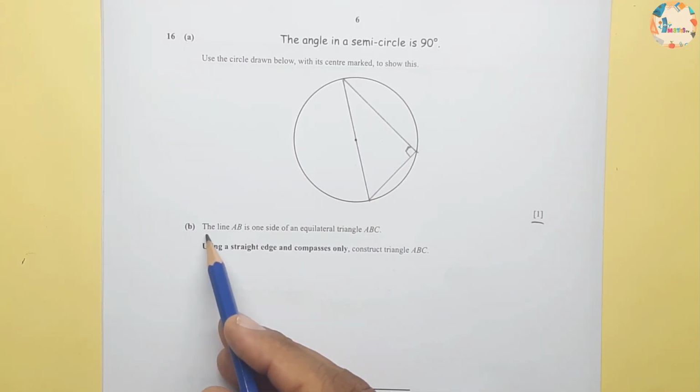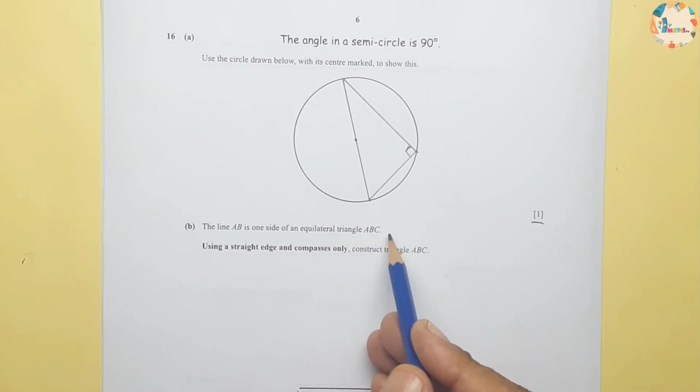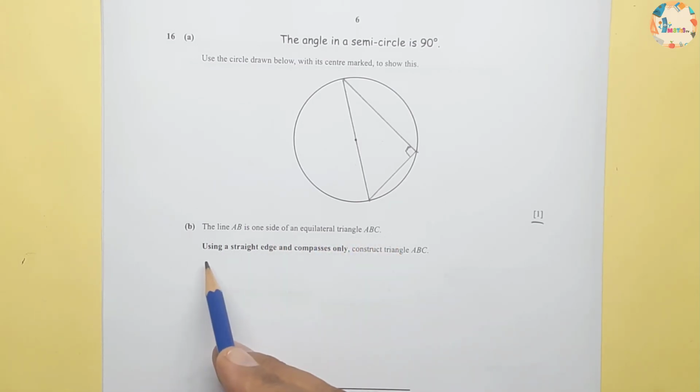Then the line AB is one side of an equilateral triangle ABC. Using a straight edge and compasses only, construct triangle ABC. So what we will be doing, we'll have to draw an equilateral triangle.